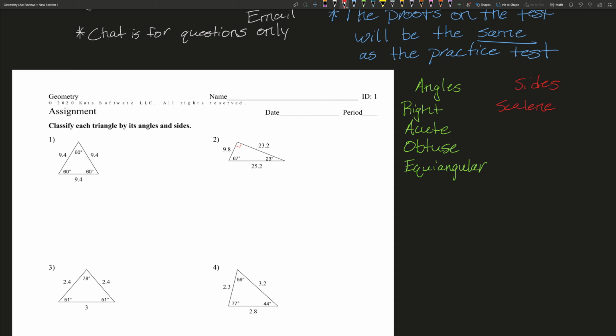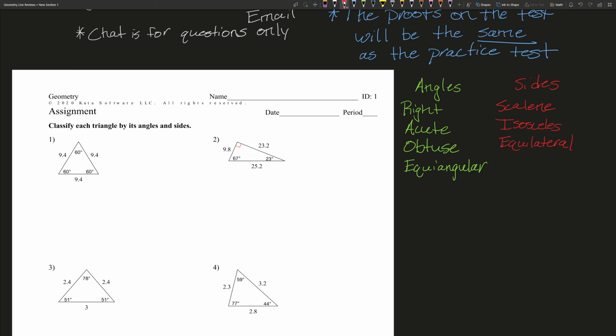We have isosceles. Isosceles triangles are triangles which have 2 sides that are congruent to one another. And then we have equilateral. Equilateral triangles are kind of like equiangular, except all of their sides are congruent. So all three sides of the triangle are congruent to one another.